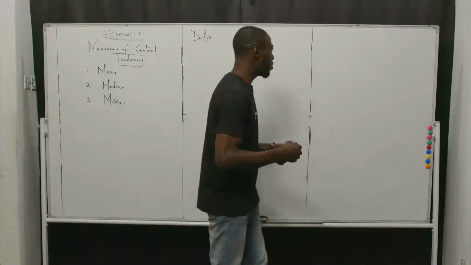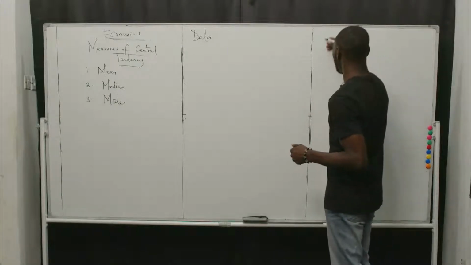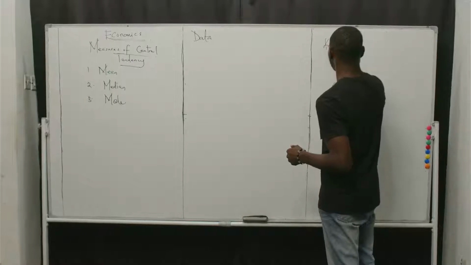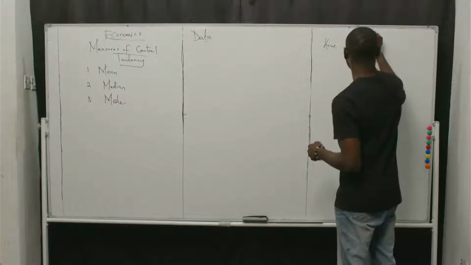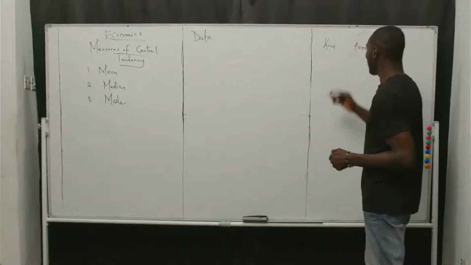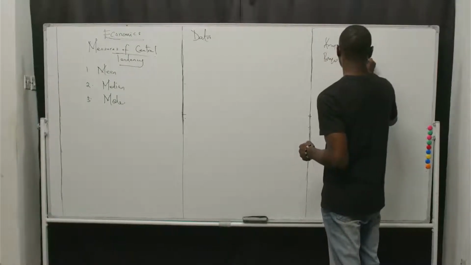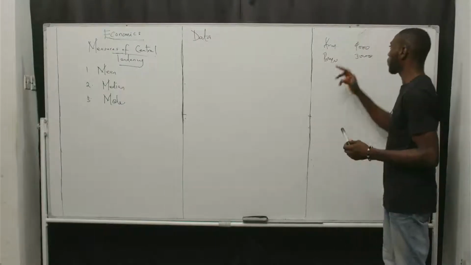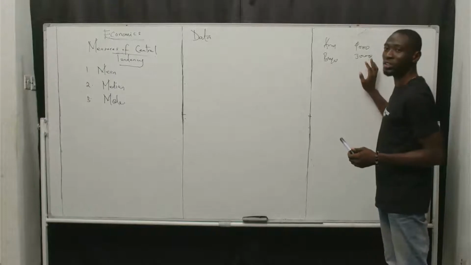For example, when you just see a name like Anu, 4,000 naira, or maybe there's no naira at all, and you see something like bio, maybe 3,000. Fine, you might understand that Anu is having 4,000, bio is having 3,000.